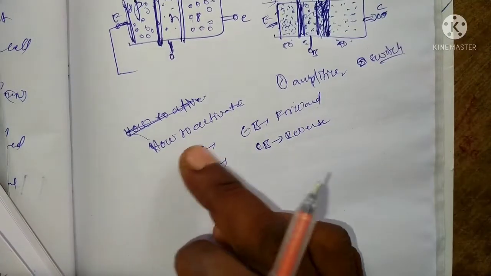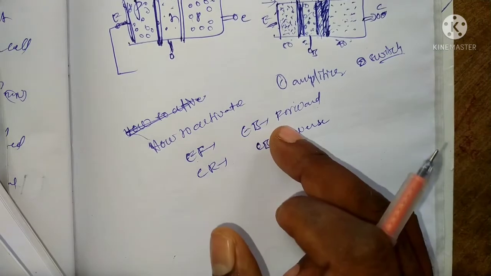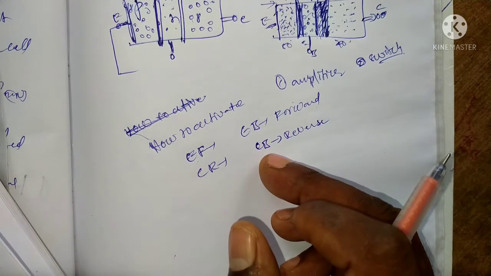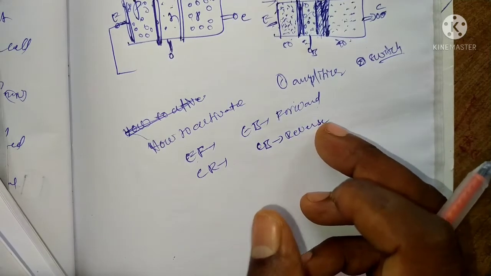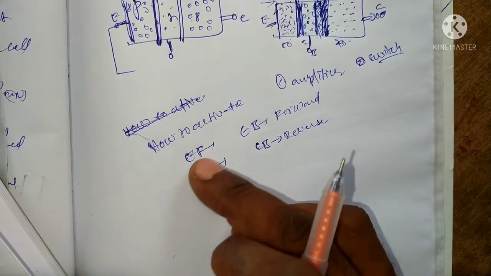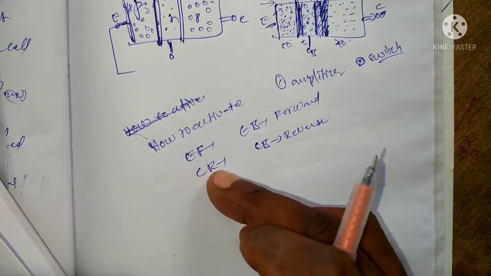Now, how to activate the transistor? The emitter base junction is connected in the forward bias, and the collector base junction is connected in the reverse bias. That is, the transistor is activated. EF means emitter in the forward bias, collector in the reverse bias.